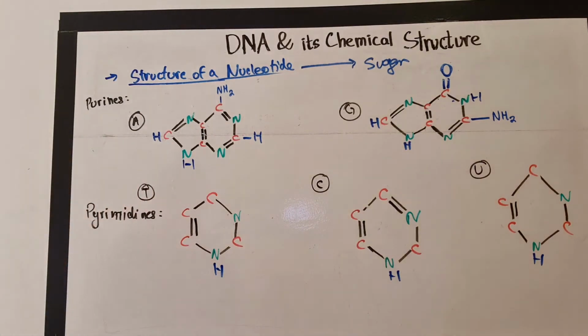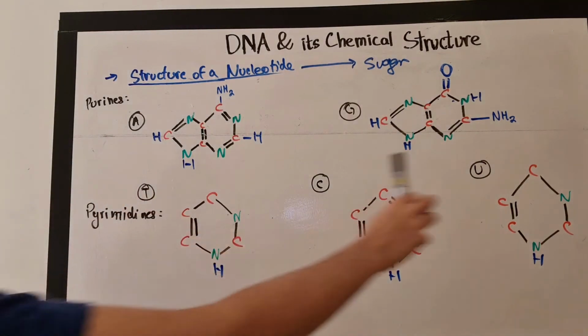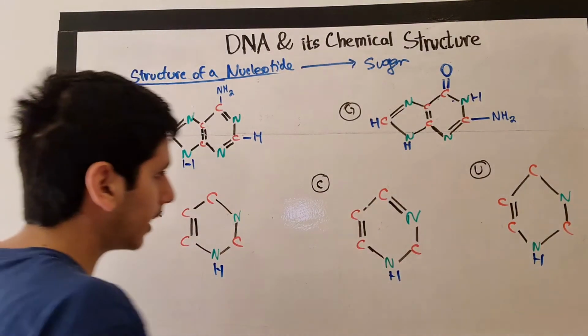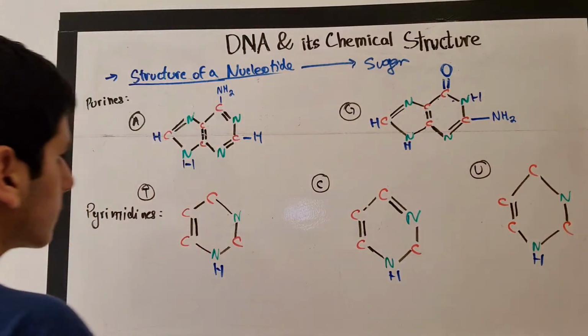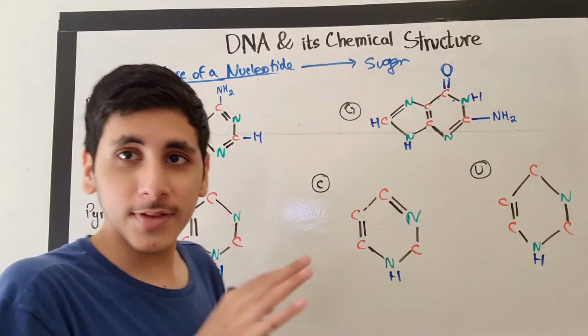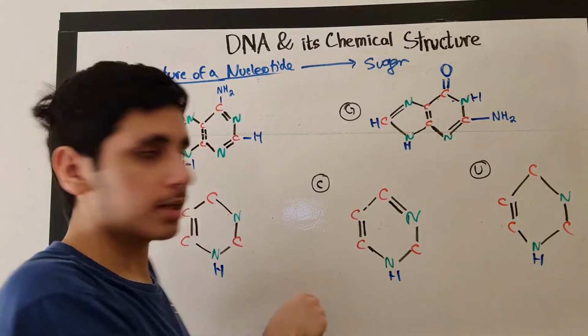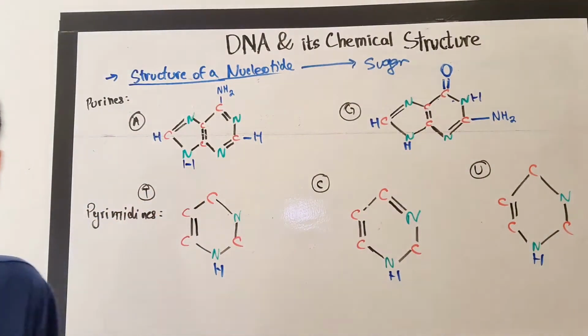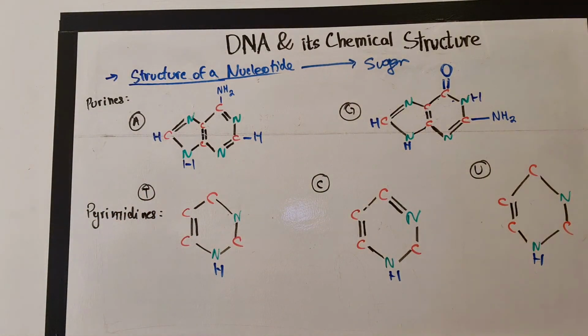So cytosine is the only pyrimidine with two double bonds. And remember, here we don't even have a third double bond, just like in the general structure of a pyrimidine. So that's pretty odd. So we have two double bonds in cytosine, one in thymine, and they're in the same positions.